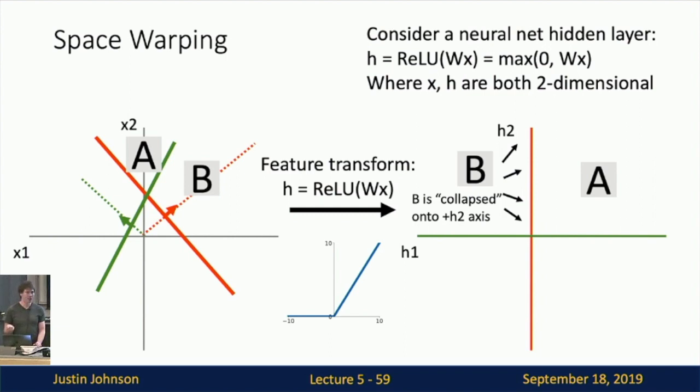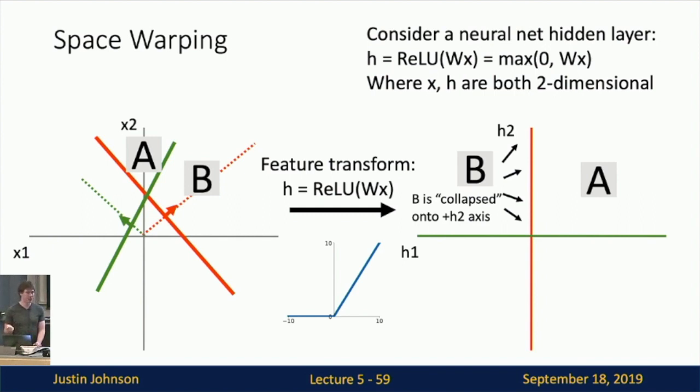Quadrant B in the input space corresponds to a positive value for the red feature, but a negative value for the green feature. And if you'll recall, based on the structure of the ReLU, when the feature is positive, it will be left alone, and when the input is negative, it will be set to 0. So because all of the points in this quadrant have a negative value for their green feature, their green feature will be set to 0.